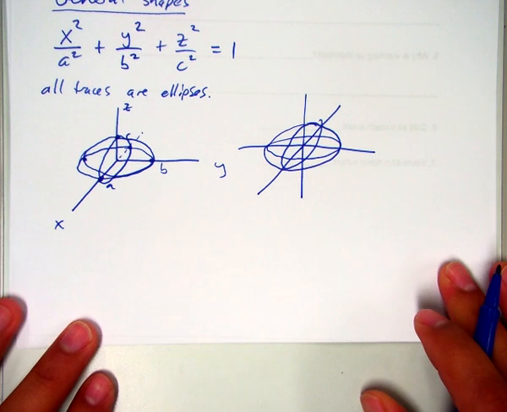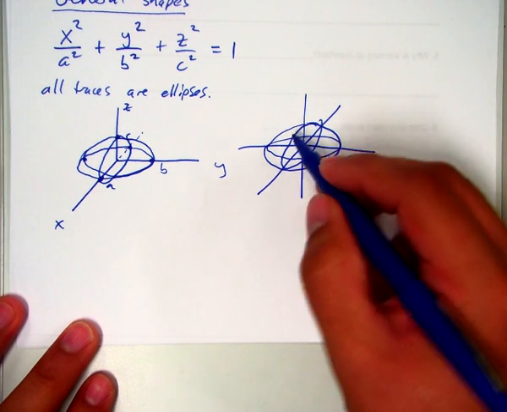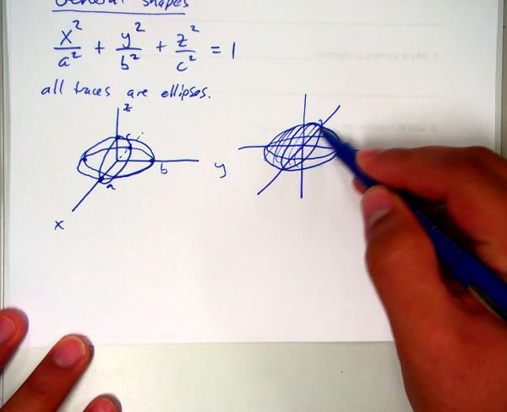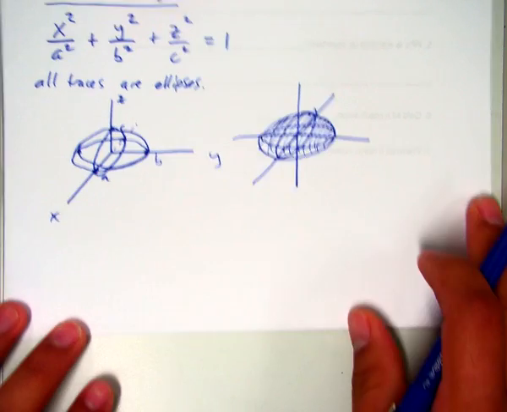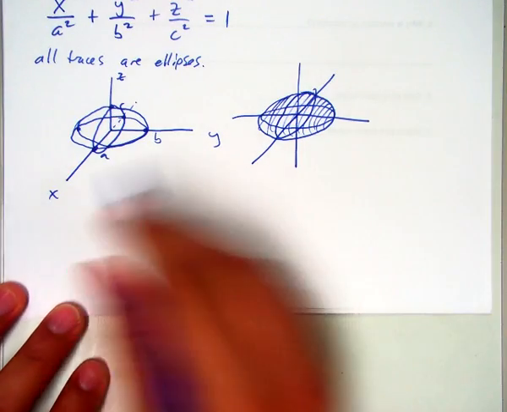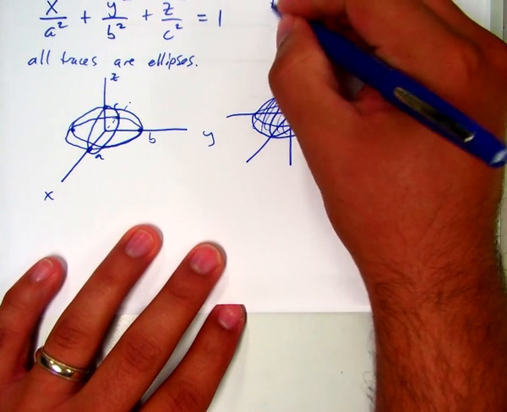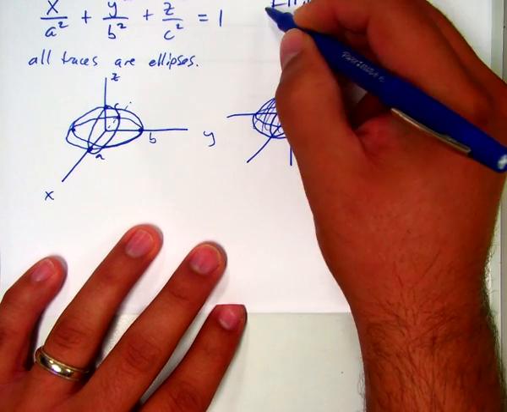That's a little better. Okay, so here are the 3 ellipses, and together you get a surface that looks kind of like Stewie Griffin's head, if you're into Family Guy. Okay. So that's the first one. It is called, I don't know if we said it officially, this is called an ellipsoid.